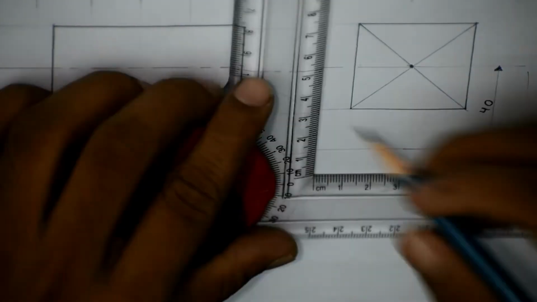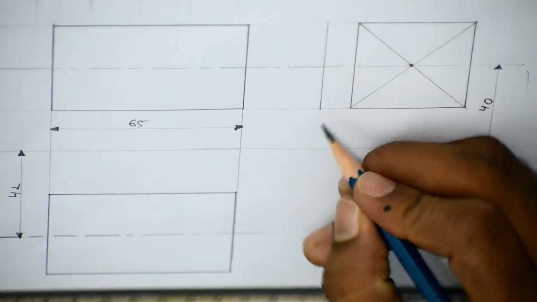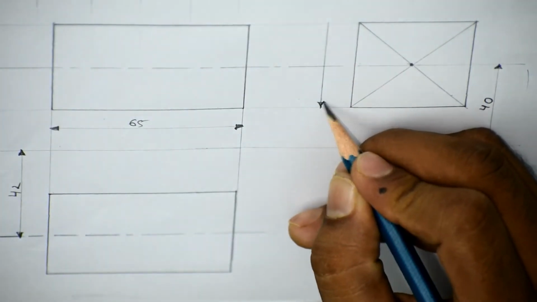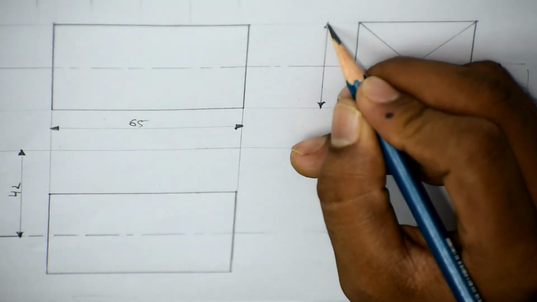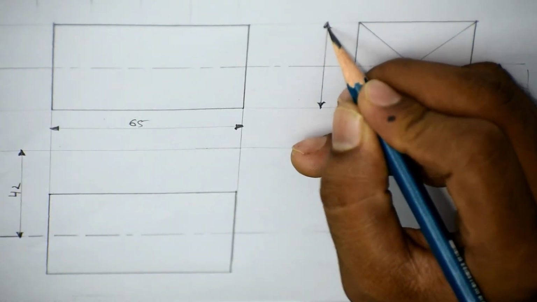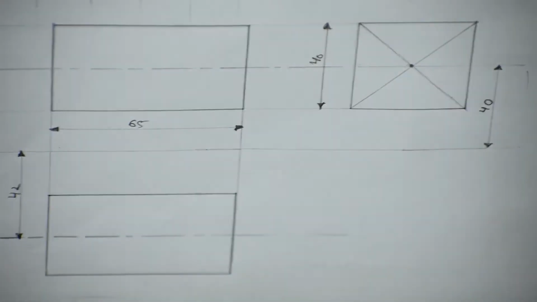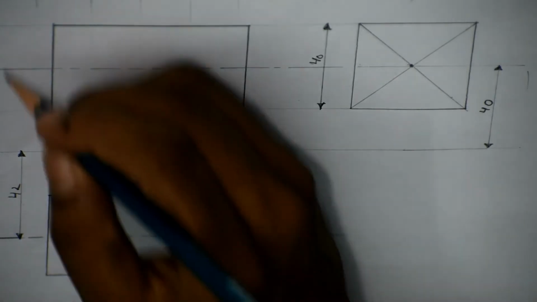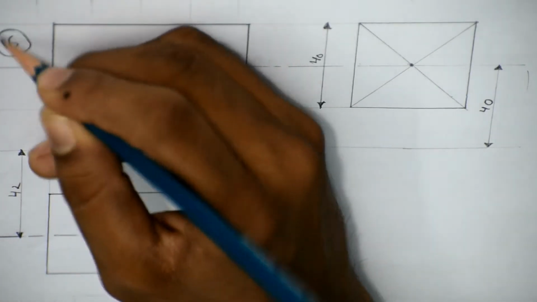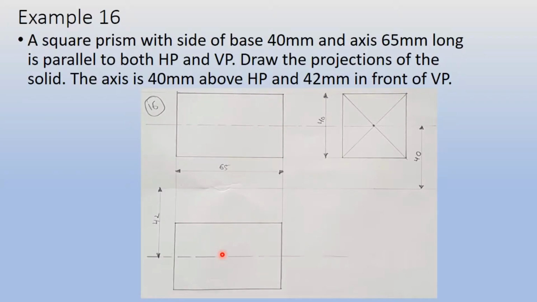This is 40, and the side also 40 mm. So this was exercise number 16 complete. Thank you. So this is the final solution of question number 16. When the square prism is parallel to both the planes, there will be two rectangles in front view and top view, and in the side view there will be a square, as you can see here.